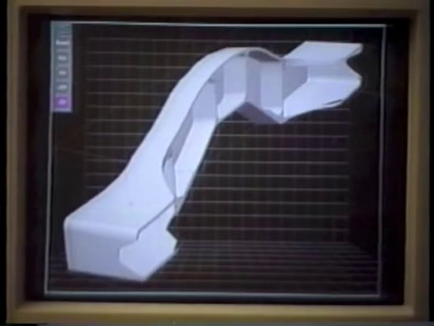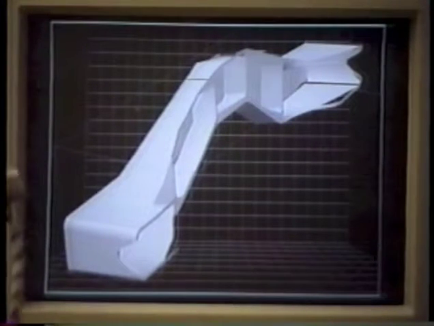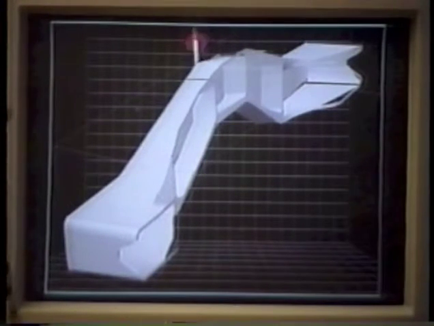Real-time user interaction and system performance was a requirement in implementing this system. This is achieved by swapping lower complexity model copies or levels of detail, as shown in this demonstration.